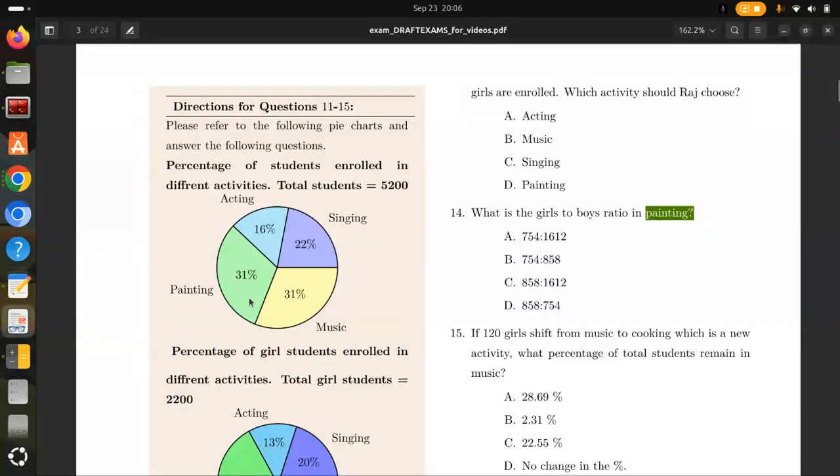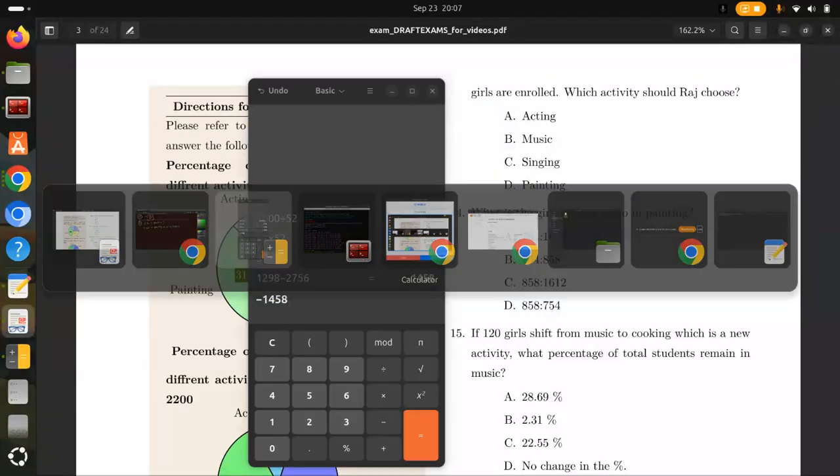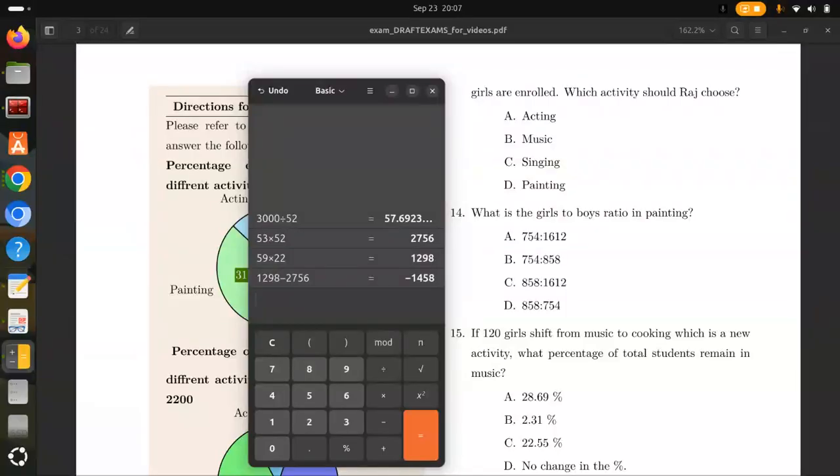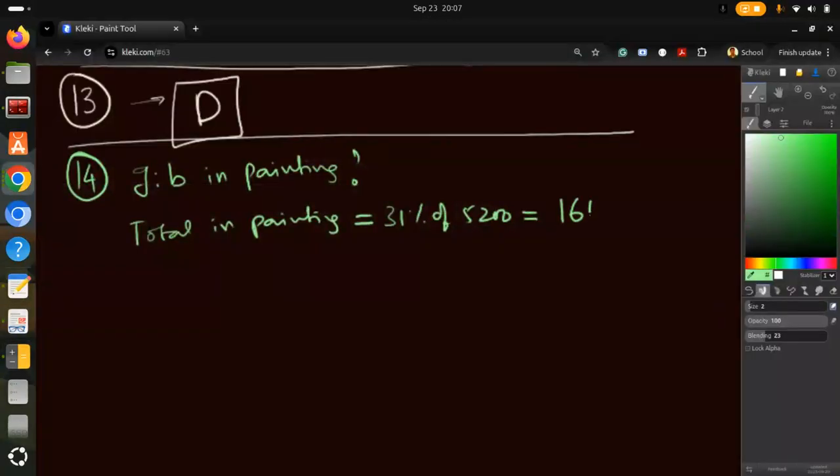I'll go here, 31% of 5200, which is nothing but 31 into 52, because 5200 and 0.31 will cancel out. So 1612. This is total in painting.